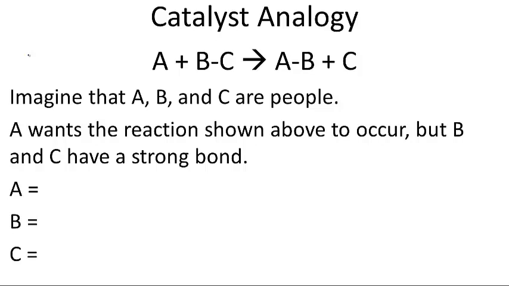All right, generally we have to break some bonds in order to go from reactants to products. Because we have to do some bond breaking, it takes energy. So what's one way you could make the activation energy for a reaction lower? Make the bonds weaker.